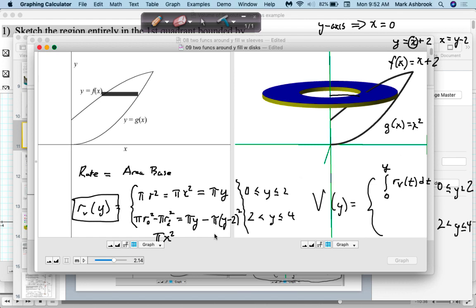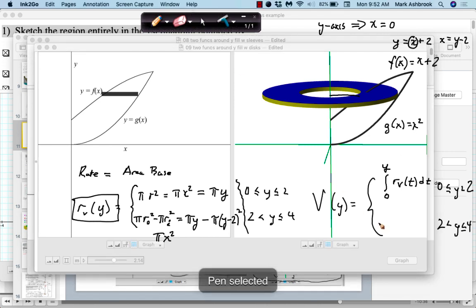Which means, for the second part, I'm going to do v of 2. All the volume I got from the first part, all the volume I accumulated from the pancakes, plus the integral from 2 to y, not 2 to 4, 2 to y.